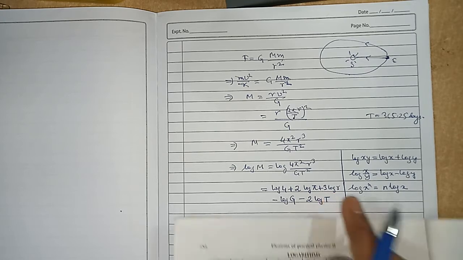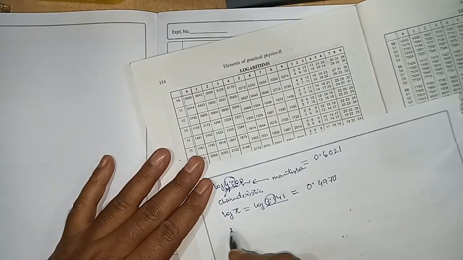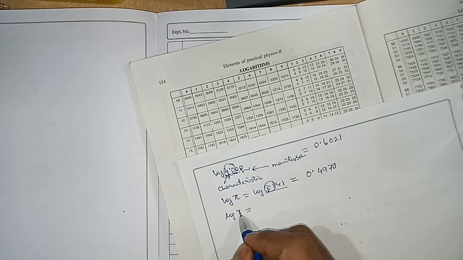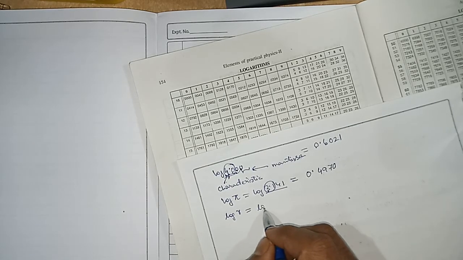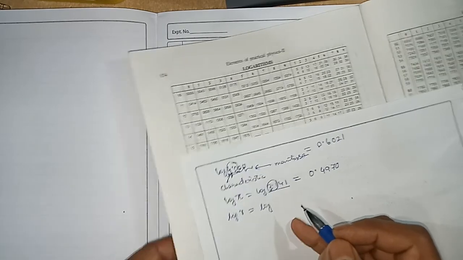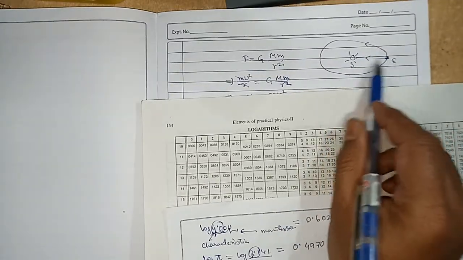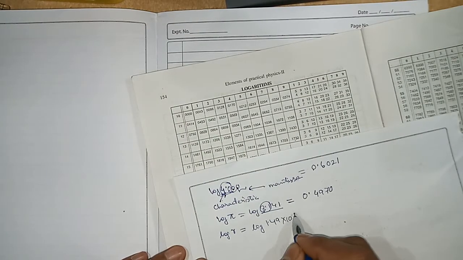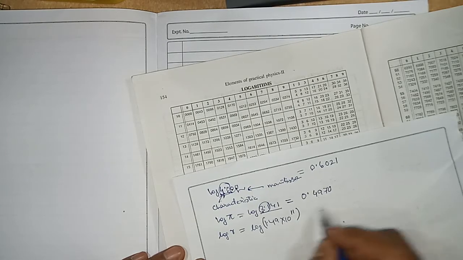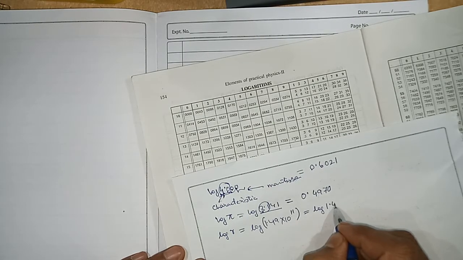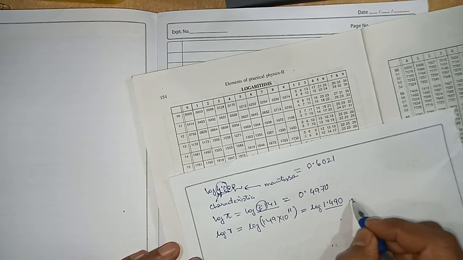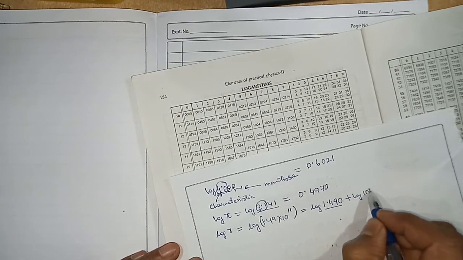We have to find log r. The value of r, that is the average distance between Sun and Earth, is 1.49 into 10 to the power 11 meters. So we apply the property of log. We have to add an extra 0 to make it 4 digits, plus log 10 to the power 11.